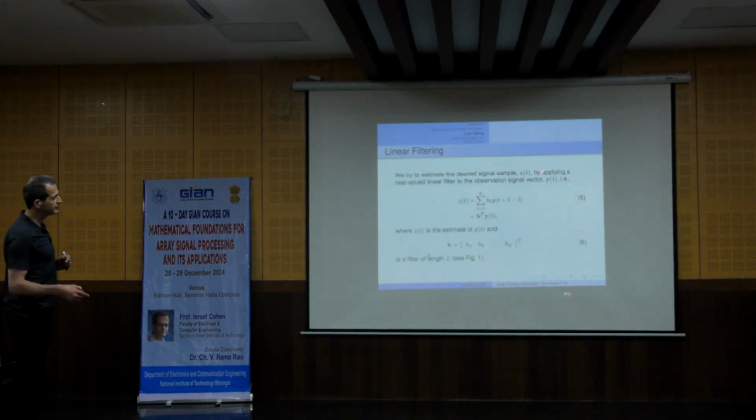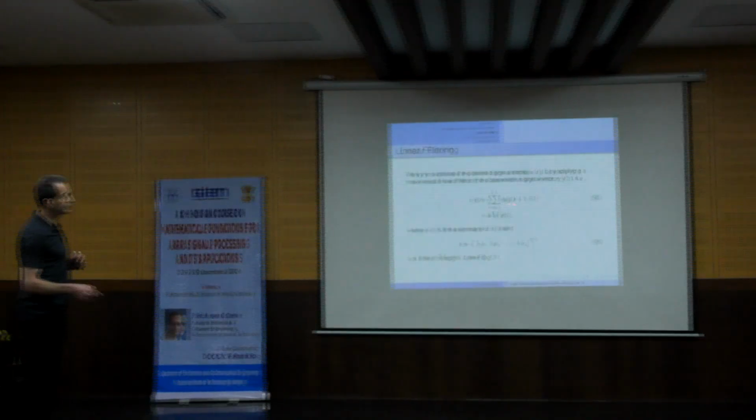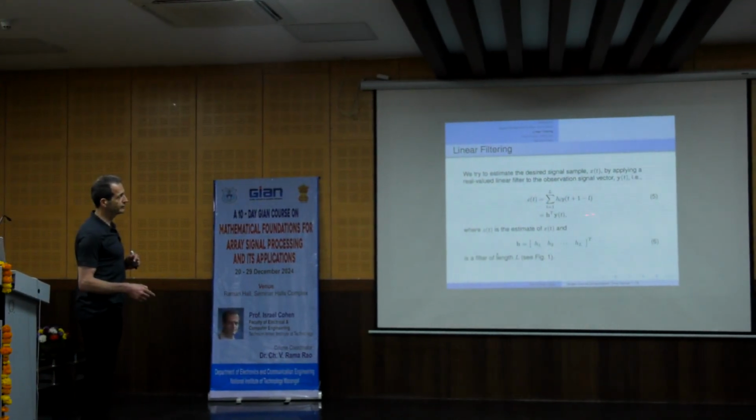Okay, so linear filtering means that the output sample, the estimate after the estimation, is a superposition of the L samples from the measurements. So we can write it as H transpose y in a vector form, where H contains the weights that we give to each sample.